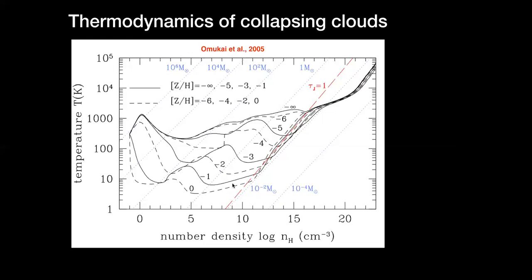So what you are observing in this diagram is a red line, representing the idea that by this time, the opacity is high enough and the gas beyond this red line is now in the phase of adiabatic collapse. Before that, this is the phase of isothermal collapse.